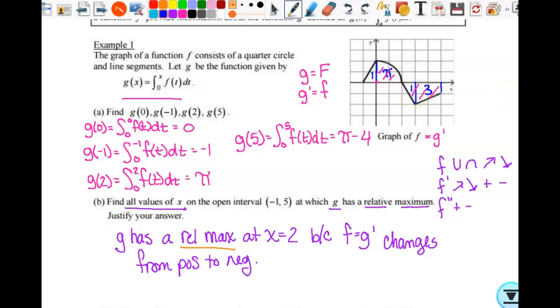Point of inflection is when the derivative graph changes from increasing to decreasing, right? When we're looking at max and min, whether we go from positive to negative or negative to positive matters. For a point of inflection, it's just a difference between increasing and decreasing, and it doesn't matter which way we go, okay? Does that make sense to you?